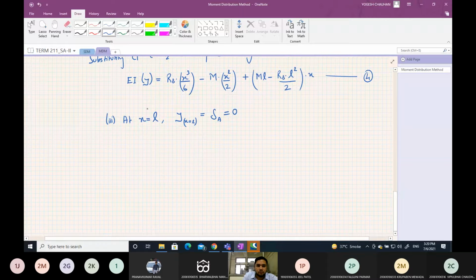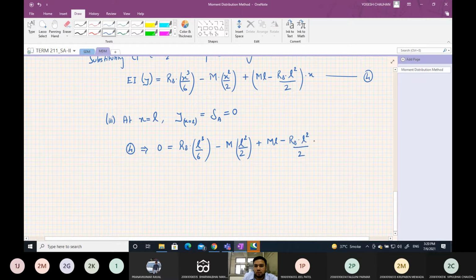Okay, so we can write, equation number 4 implies 0 equals to RB into L cube by 6 minus M L square by 2 plus ML minus RB times L square by 2, whole multiplied by L. So you can take the terms containing RB on one side and these terms on the other side.